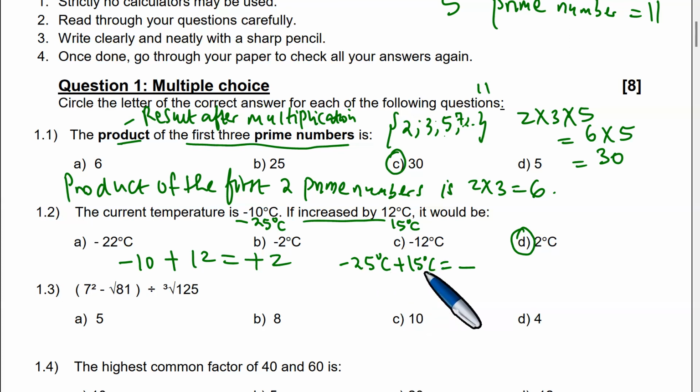And from the bigger number, you subtract the smaller number. What is 25 minus 15? 10. So the answer becomes negative 10.